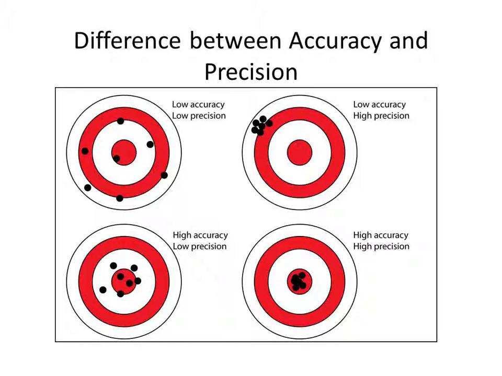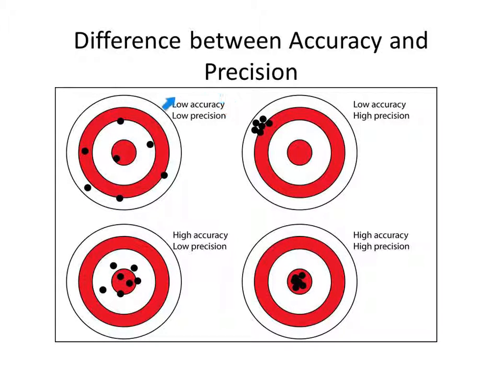So in our case here, our accepted value is going to be the bullseye in the middle of the target, right? All the other black dots around that are our measurements compared to the accepted value. In the first case, all of our measurements, except for one which is in the bullseye, are far away from the accepted value.